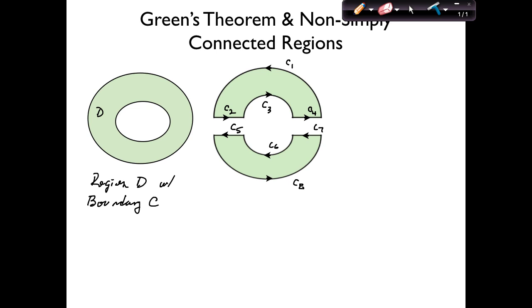All right, and what happens when I add all those up, C1 all the way to C8?